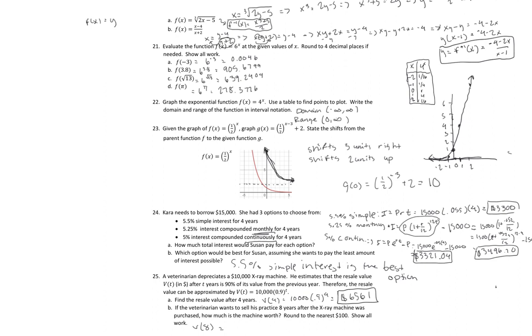That's going to be 10,000 times 0.9 to the 8, which gives 4304.67, but it asks to round to the nearest 100, so this is about $4,300.